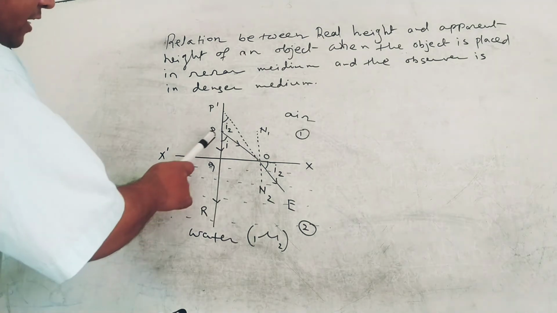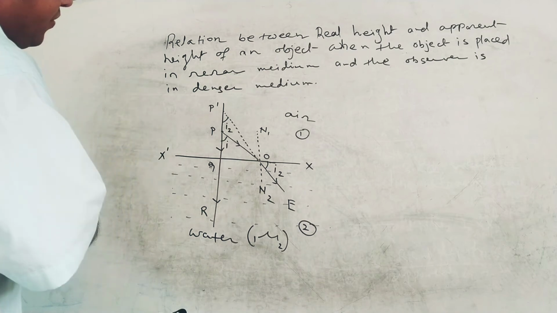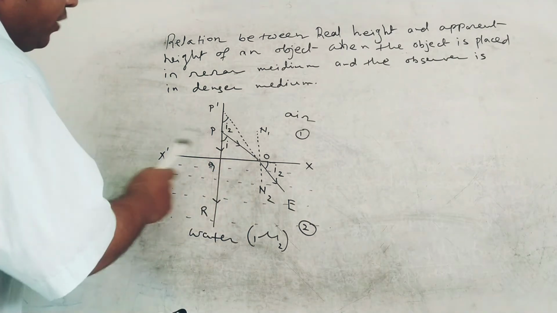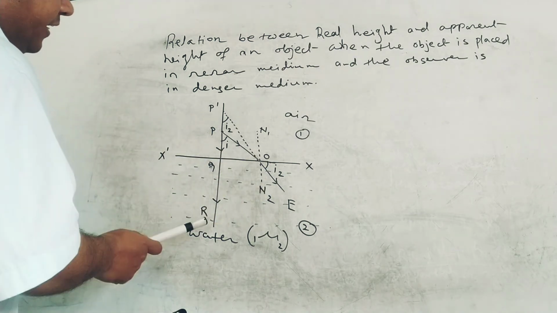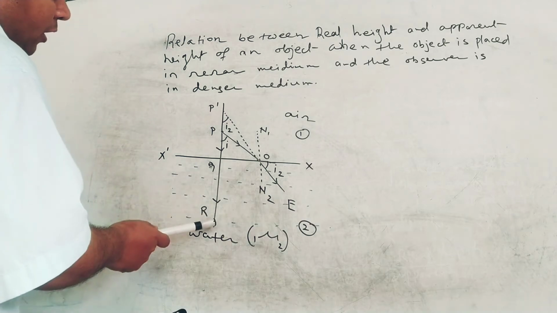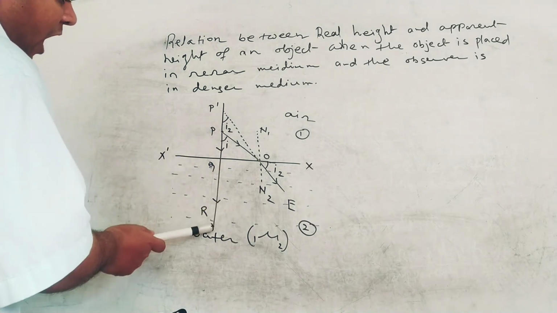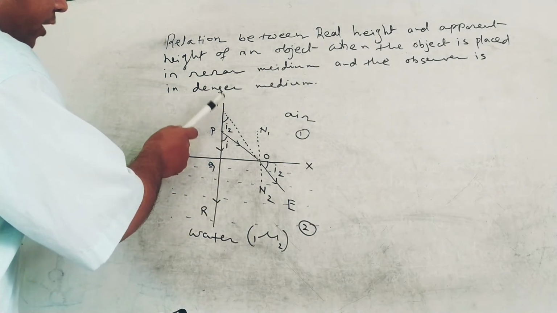In this case, PO is the incident ray and OE is the refracted ray. When we extend EO, it intersects the line RQP at the point P prime.